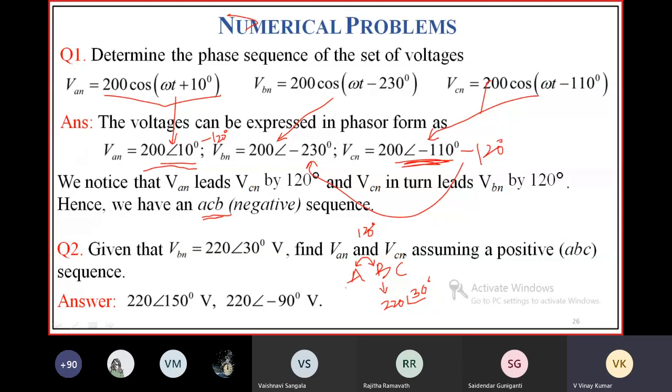So you add 120 degrees to this, and VAN is 220 at an angle 30 plus 120.